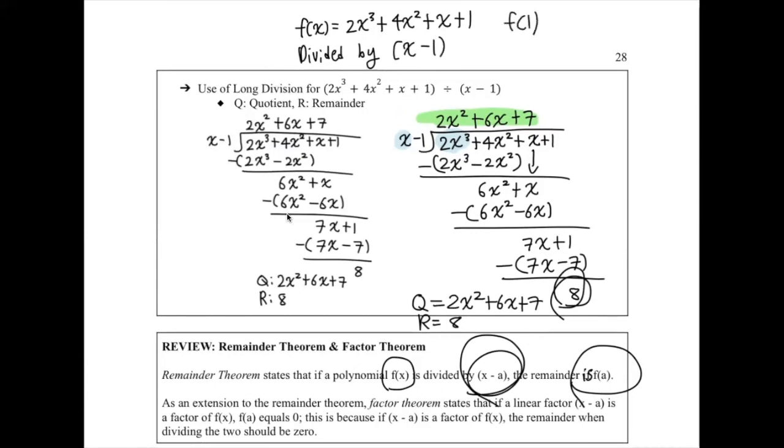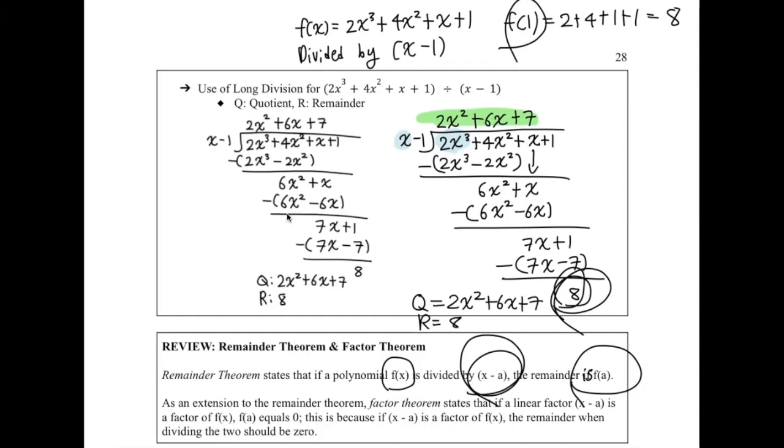Shall we check? If you plug in 1 for x, you'll get 2 plus 4 plus 1 plus 1, right? That is 8. And we did this entire long division process, and we also found that the remainder is 8. So another way of finding the remainder according to the remainder theorem is by just doing f of 1. That's essentially what the remainder theorem is saying.